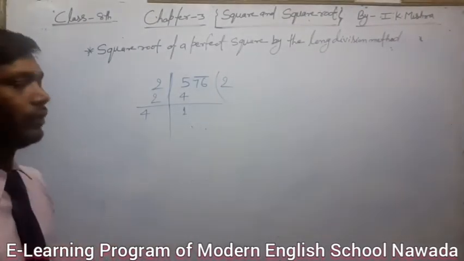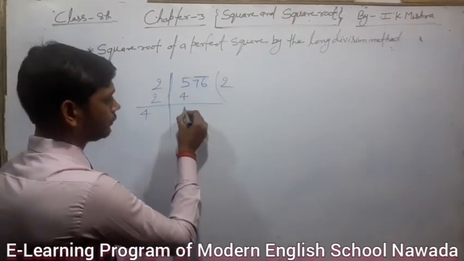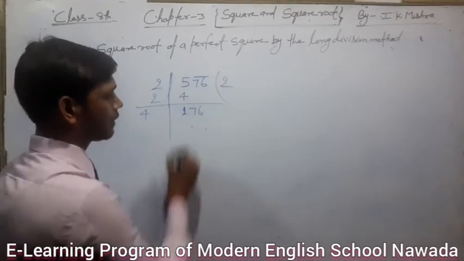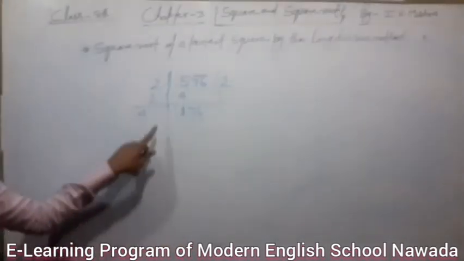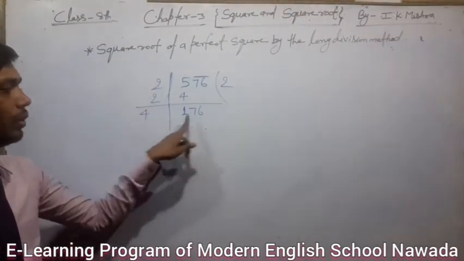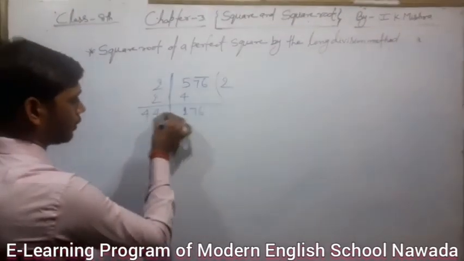After that you write these 2 digits collectively, 7 and 6, and you observe by which number it will be multiplied, so we get 176. That means 4.